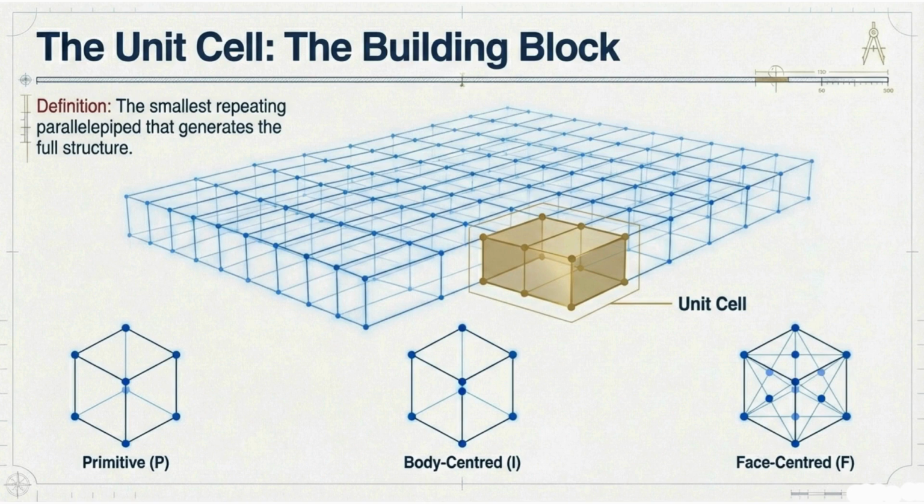That means it is a repetition of that particular unit cell in three dimensions. It has two different types, and we will discuss how it is repeated. This is the smallest repeating structure which we get from the crystal system.